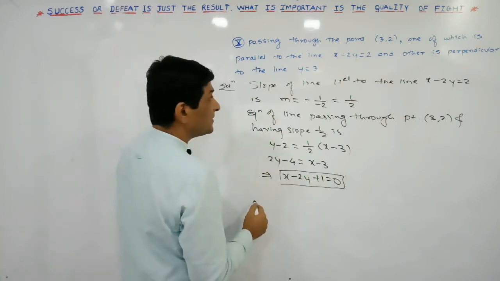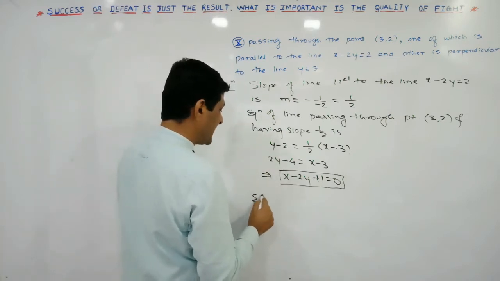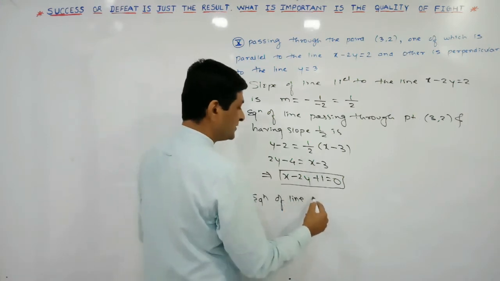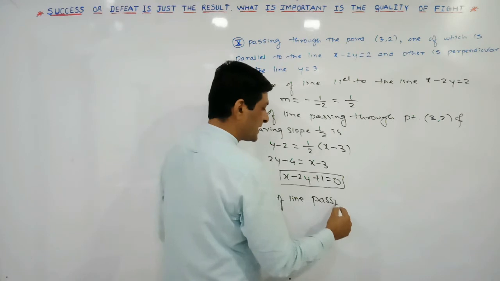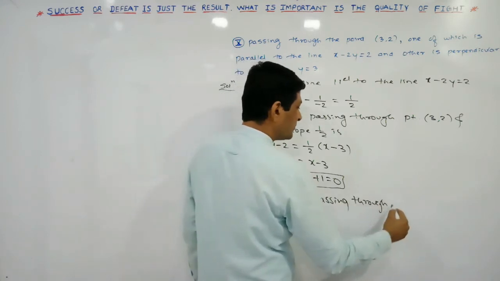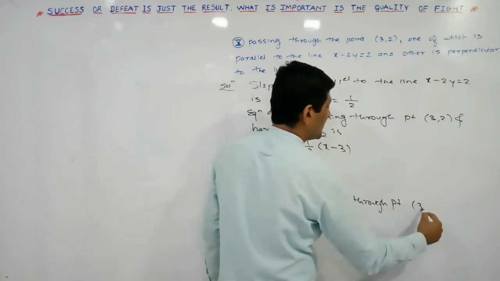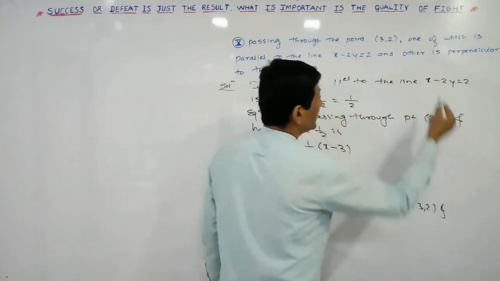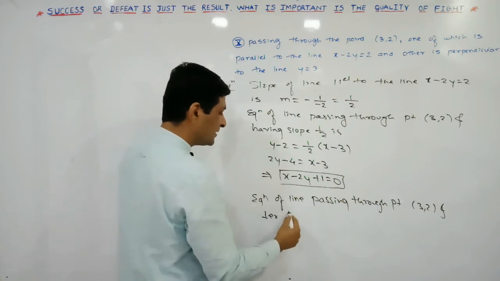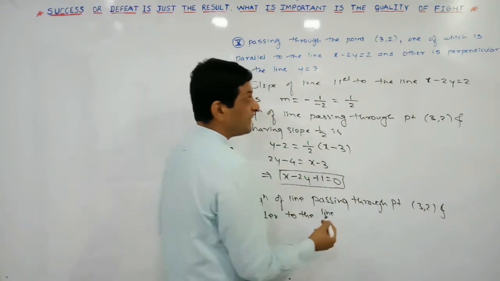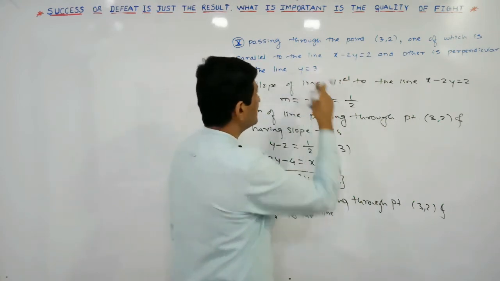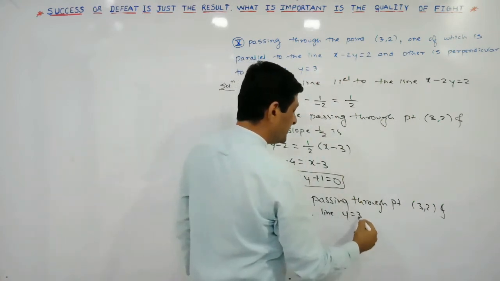Now the equation of our second line: the equation of the line passing through the point, what are the coordinates of the point? 3, 2, and perpendicular to the line, to which line? y is equal to 3.